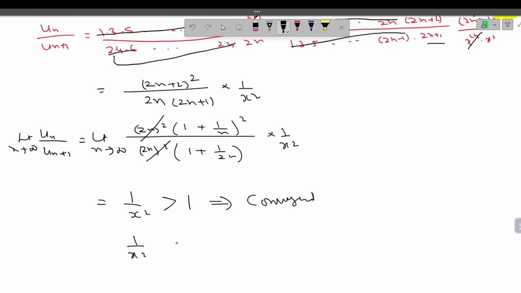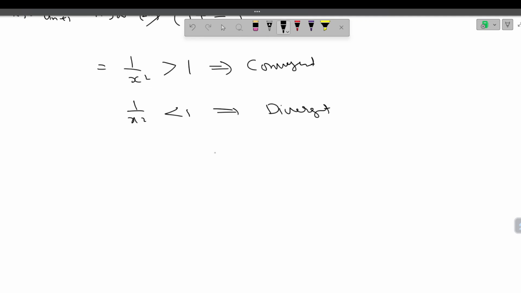If 1 by x square is less than 1, divergent. If x square equal to 1, D'Alembert test fails.